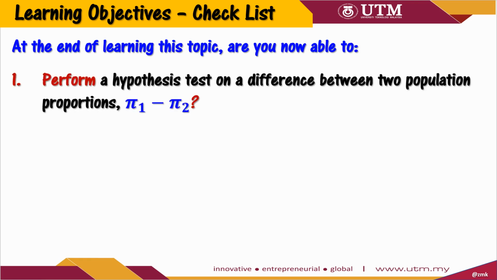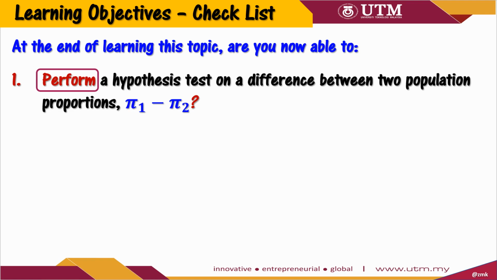First, are you able to perform a hypothesis test on the difference between two population proportions, pi1 minus pi2, which is the parameter of interest in this topic? Please remember that you do not test the difference in two sample proportions, p1 minus p2. So please be careful with the notations.